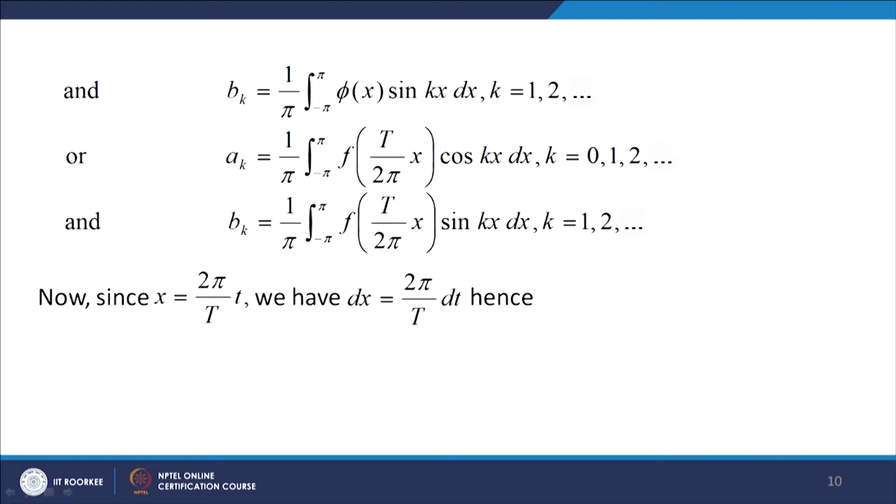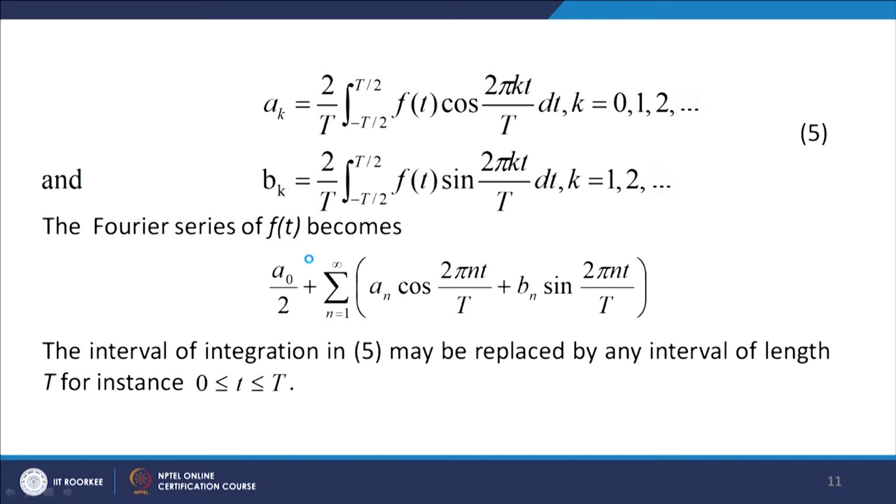So, dx equal to 2 pi over T dt, and the limits of integration will change from minus pi to pi to minus T by 2 to T by 2, and we will have these formulas. a_k equal to 2 over T, integral from minus T by 2 to T by 2, f(t) cos 2 pi kt over T dt, k equal to 0, 1, 2 and so on, b_k equal to 2 over T, integral from minus T by 2 to T by 2, f(t) sin 2 pi kt over T dt, k equal to 1, 2 and so on.